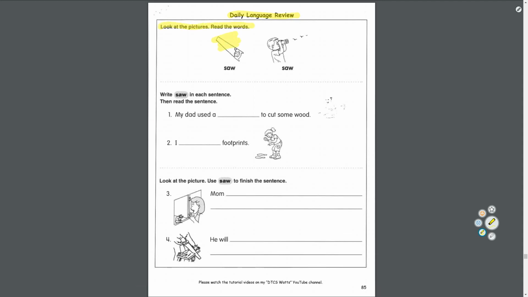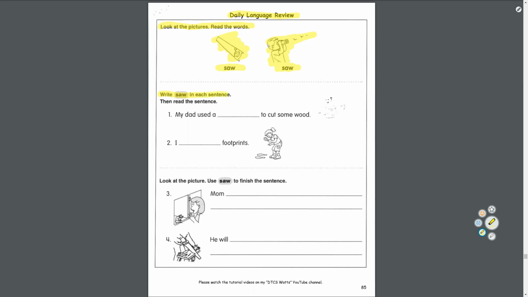So I see a saw for cutting a tree. S-A-W, saw. And then here's a boy with binoculars and he saw some birds. Saw. So there's two different ways we can say saw. Saw the tree, or I saw some birds over there.